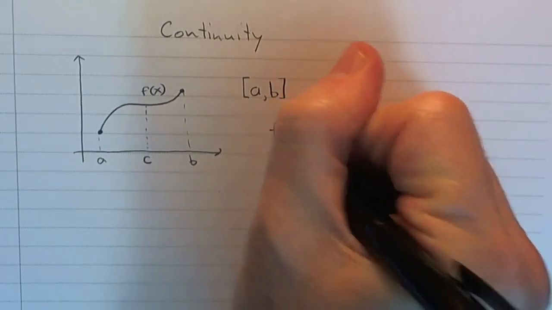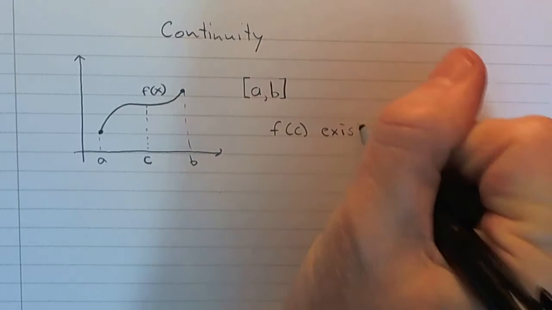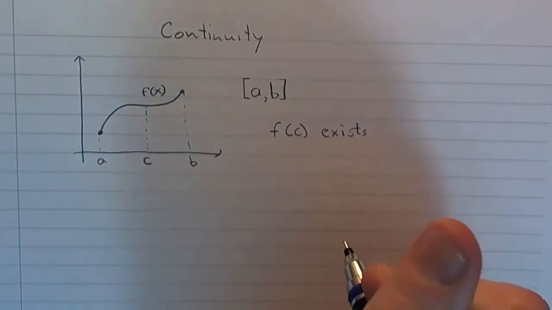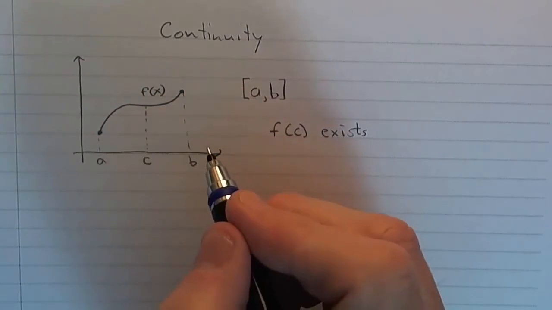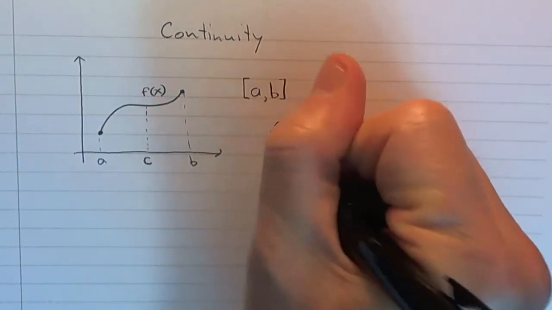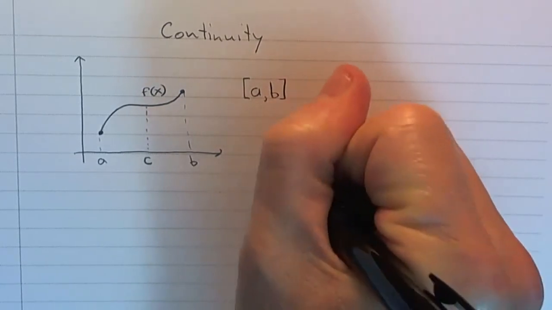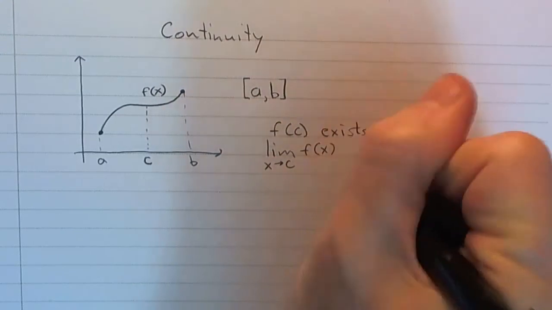But here's what we mean when we say continuity at a point. Notice that f of c exists. Okay, it exists, right? It's in there. And also notice that the limit as x goes to c exists also.